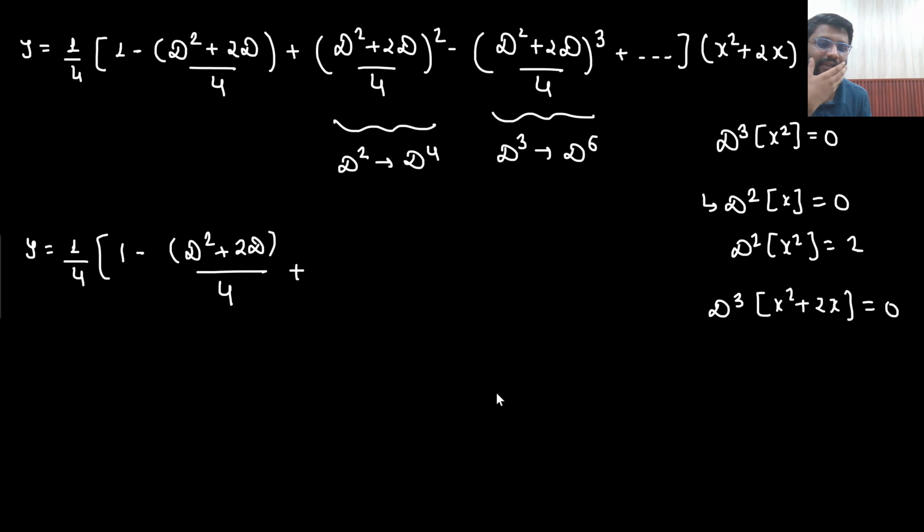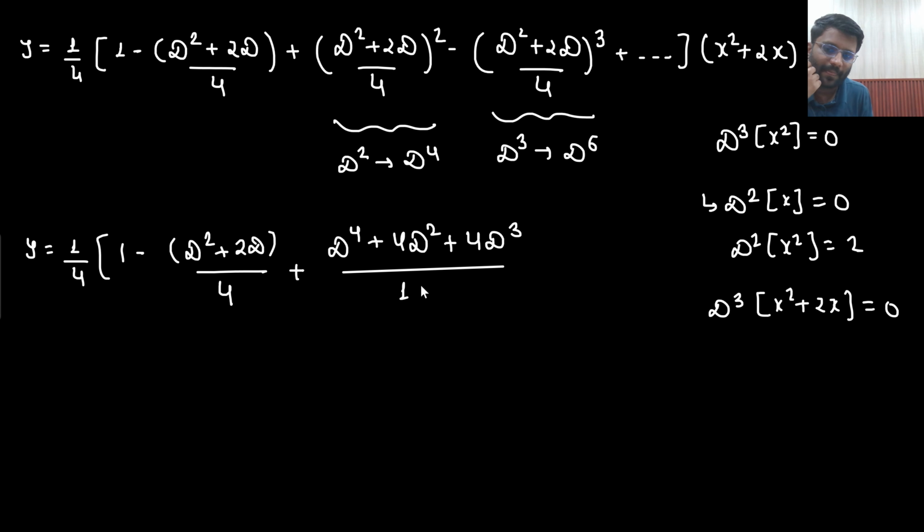Are you able to understand what I am saying? Like if I open it up, what I will get? d to the power 4 plus 4d to the power 2, a square plus b square plus 4d to the power 3 divided by 16. And then it will keep on proceeding. Right? And x square plus 2x.